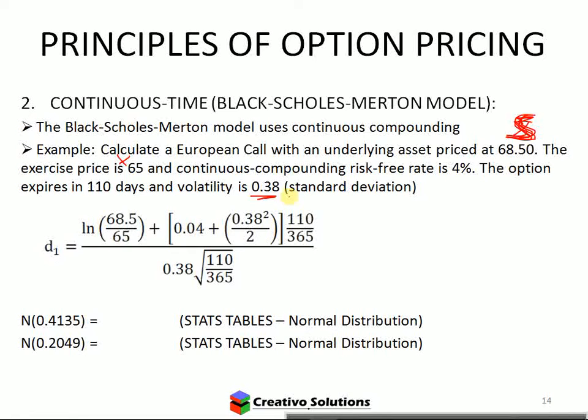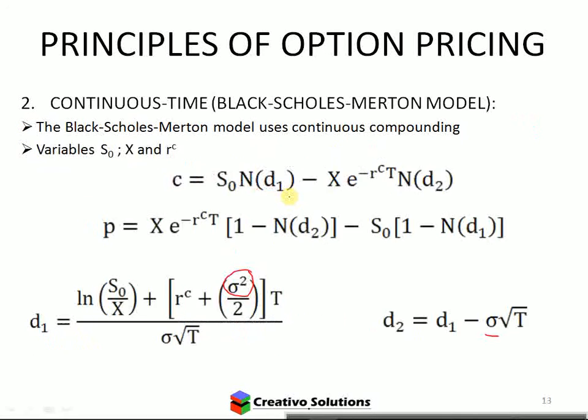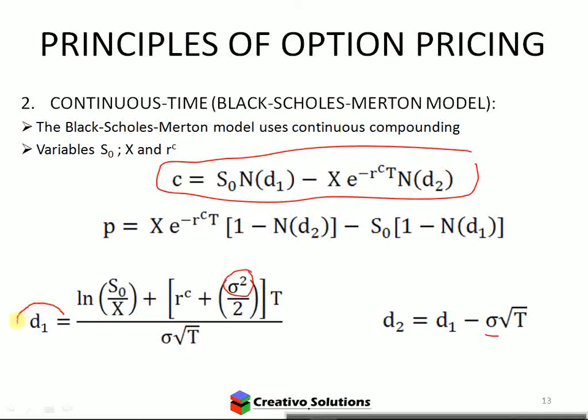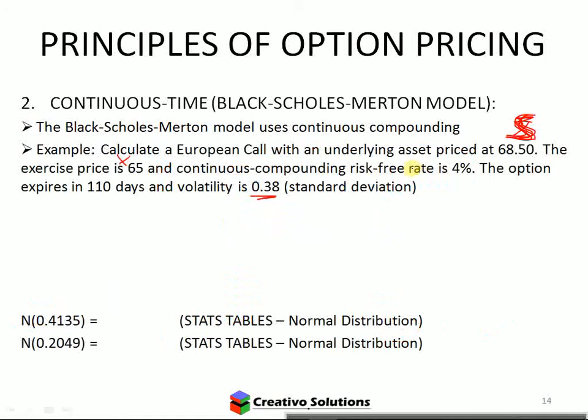So what's the first step? Get the D. Because remember, I'm working out what here, a call or a put? So this is what I'm looking at, but I still need the D1 and I still need the D2. The N is that normal distribution thing, the table value. Good.